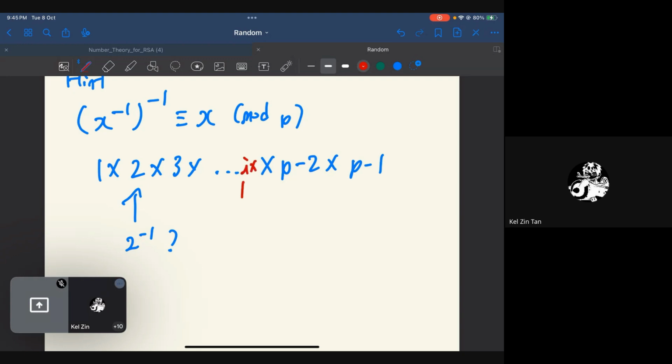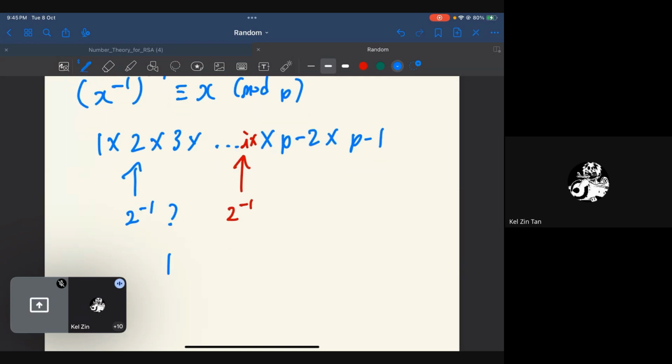So when we multiply 2 and i together, we get 1. So basically these two things will cancel out, because 2 multiplied by 2 inverse, which is one of the numbers between 1 and p minus 1, cancels out. 3 will also cancel out with something else.